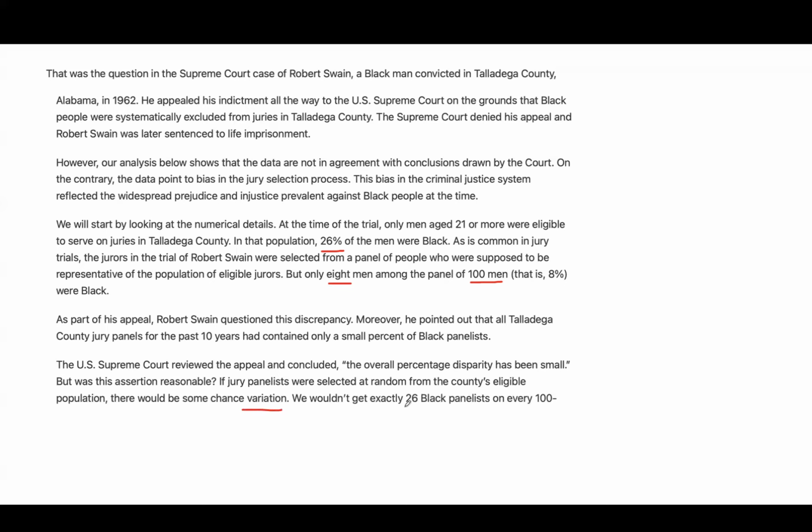We wouldn't get exactly 26 Black panelists on every 100-person panel, but would we expect as few as 8? So our goal is to answer this question and analyze the data. The answer is no. We will establish that and then discuss some of the many biases involved. A model of random selection.